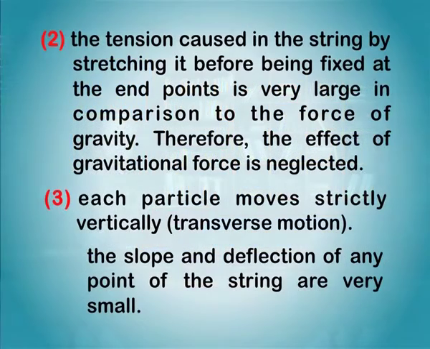We don't take into account the gravitational force denoted by the small letter g. Another assumption is that each particle moves strictly vertically, which we call transverse motion. Another is longitudinal motion. So, we have the transverse motion as such. The slope and deflection of any point on the string are very, very small.